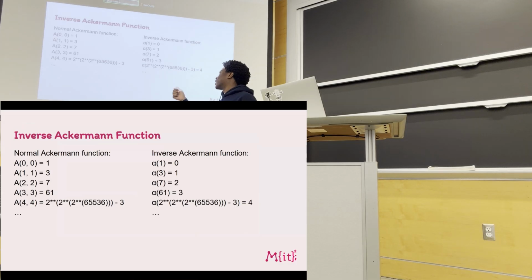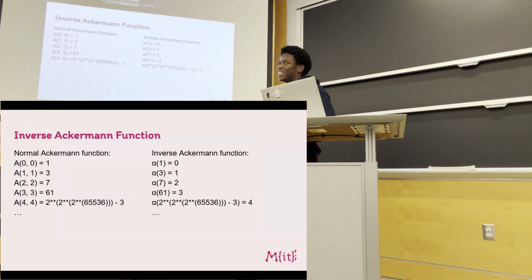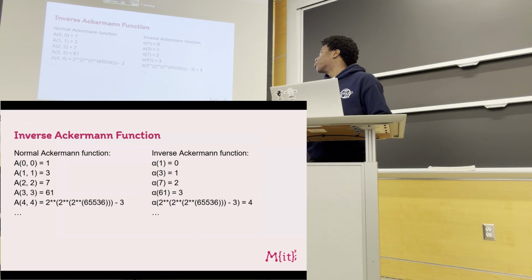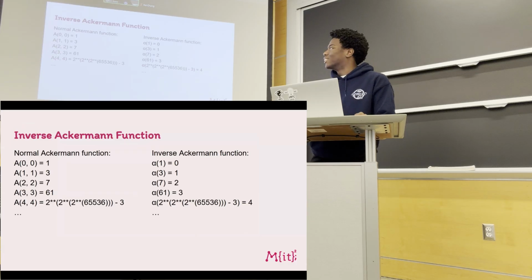If you take the inverse Ackermann of 2 to the 2 to the 2 to the 65,000, it's only 4, which is significantly less than most things you would see. Logarithmic would still be like 2 to the 2 to the 65,000. So this is, for all intents and purposes, practically constant, but theoretically it technically isn't.